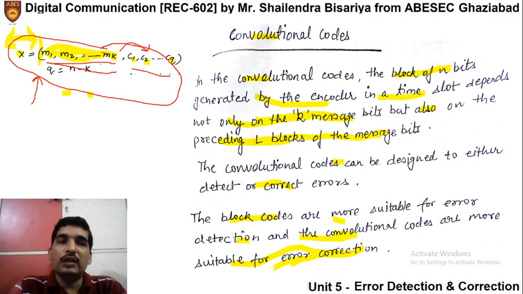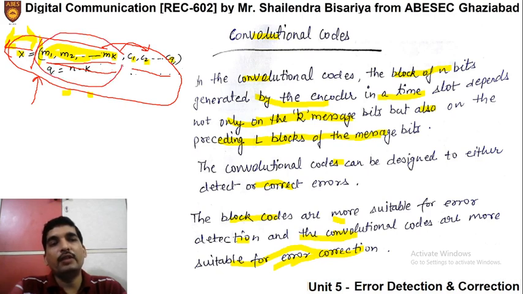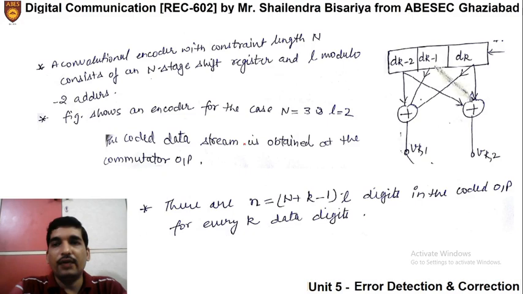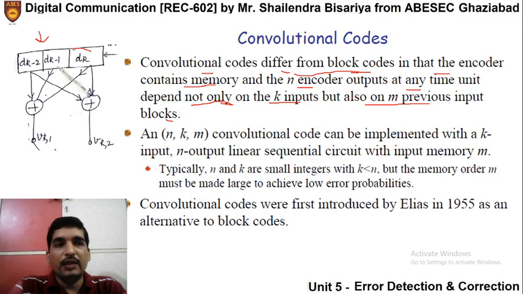There is no storage, previous message bits we were not entertaining, right? On the basis of the present message bits only, we were calculating the value of the check bits for that code word, right? While here in this case, we are having the present k message bits and previous L message bits. That means we are storing, we are having memory where we are storing the previous values, right?